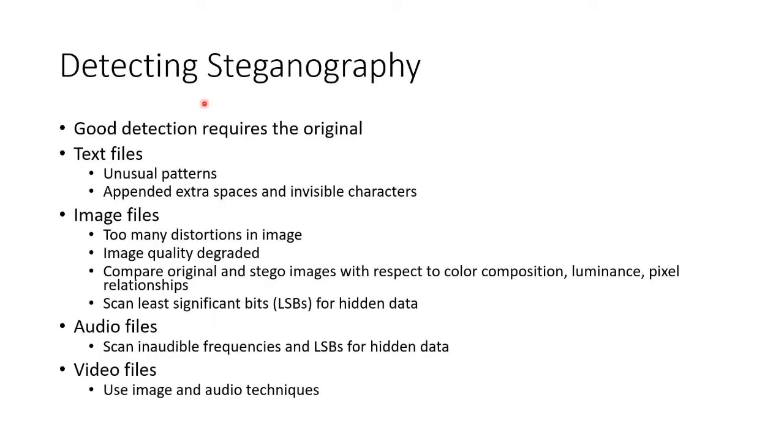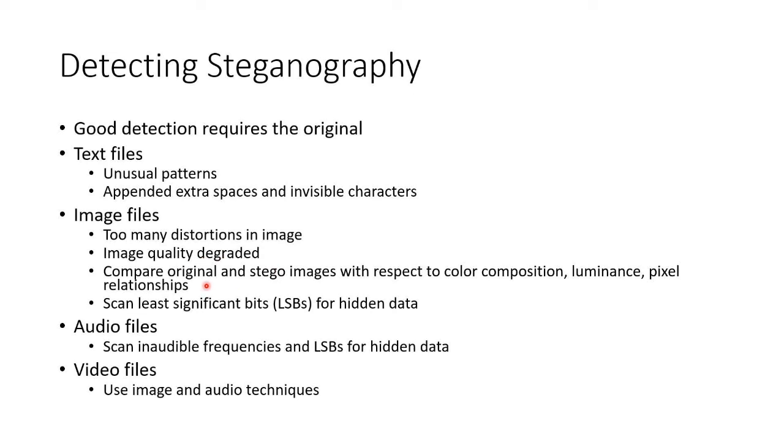Good steganalysis, detecting steganography, requires that you have the original. But you could examine text files for unusual patterns, appended extra spaces and invisible characters. You could find image files that have just too many distortions or where the image quality was degraded.